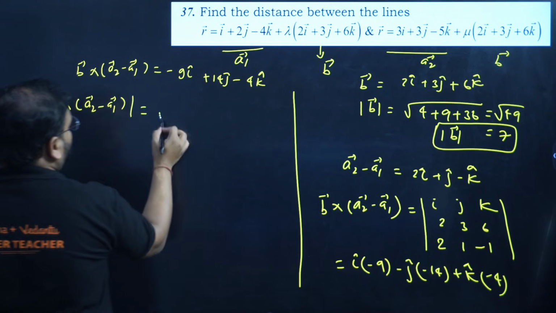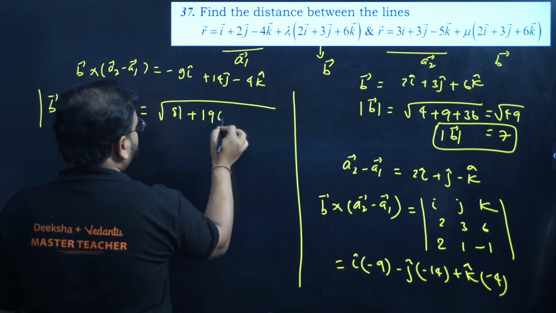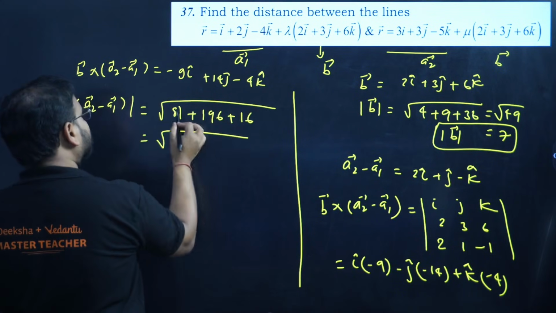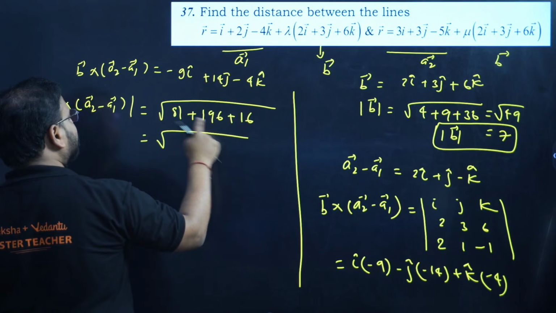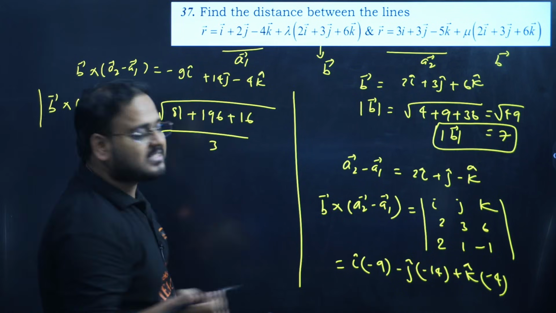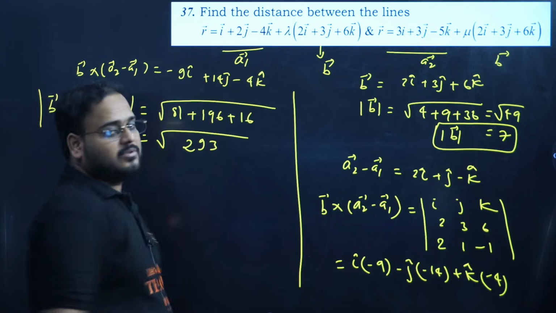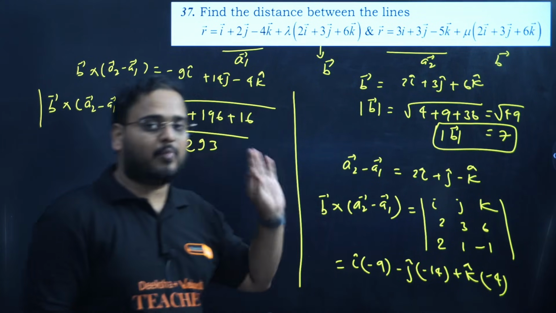Check here: square of 9 is 81, 196 for 14, and this is going to be 16. Sum of these, 6 plus 6 is 12, plus 1 is 13, carry 1, 1 plus 1 is 2, 2 plus 9 is 11, plus 8, 11 plus 8 is 19, so carry is 1 again, and 1 plus 1 is 2. This is the modulus of b cross a2 minus a1, and we already have the modulus of b.